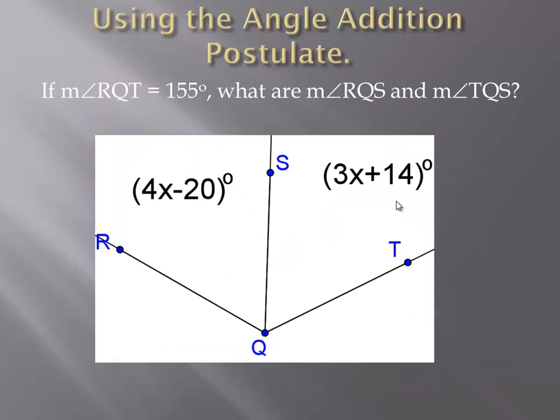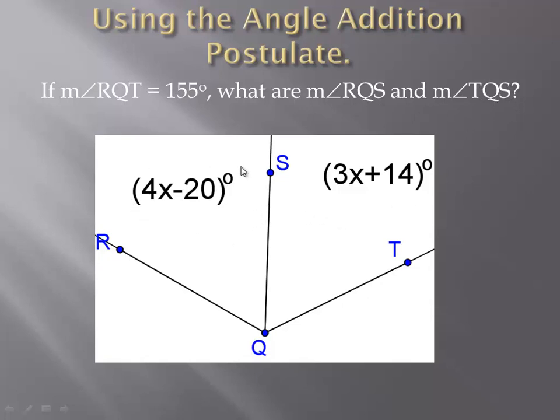Using the angle addition postulate, if I tell you that the measure of angle RQT is 155 degrees, what are the measures of angle RQS and angle TQS?